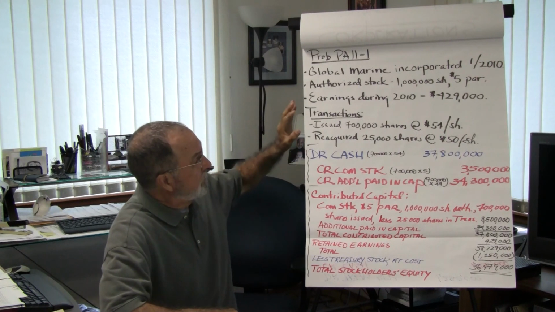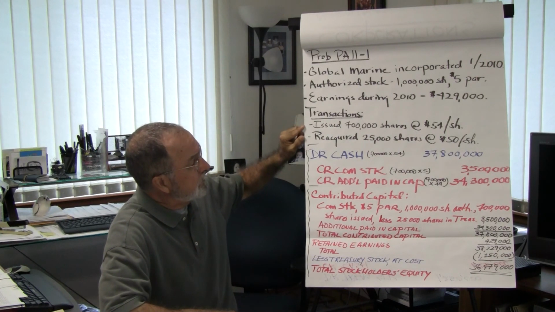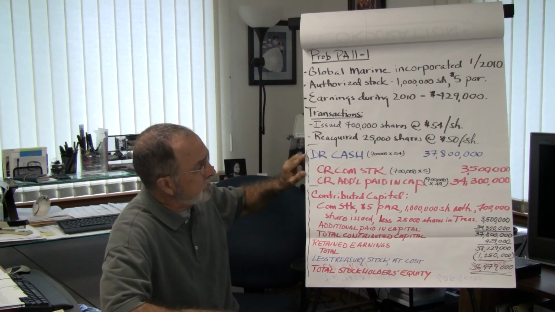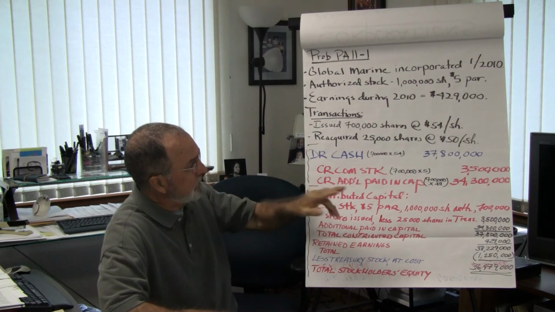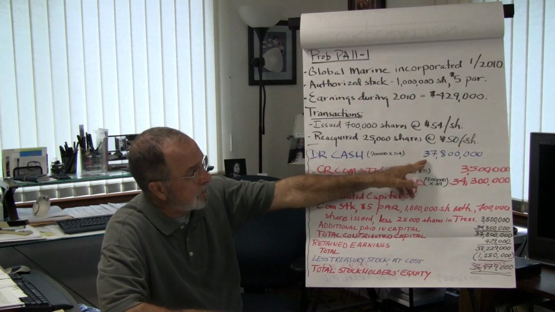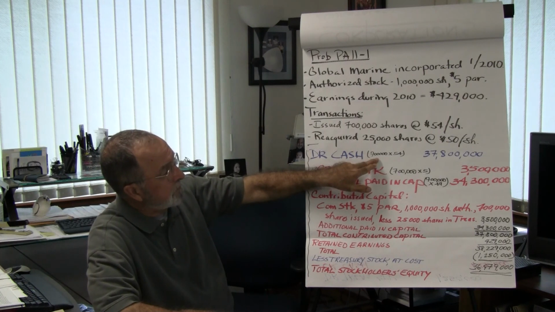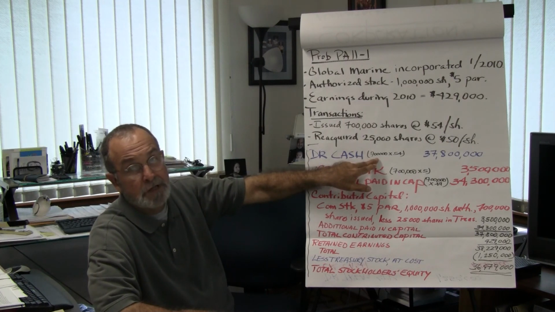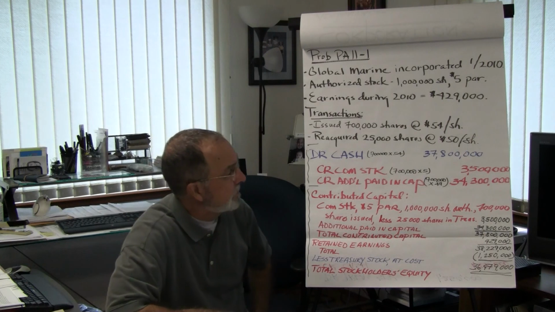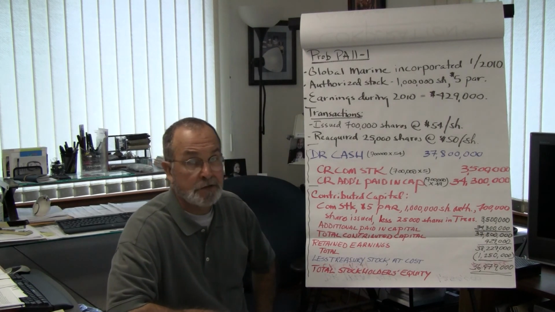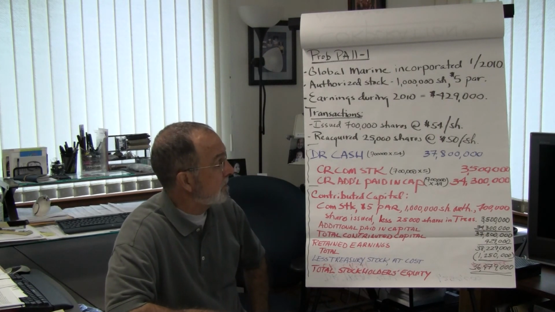So to record the issuance of 700,000 shares at $54 a share, we would debit cash, and to get this amount, $37,800,000, we would multiply 700,000 times $54 a share. So that's the amount of cash collected on the sale of that stock.